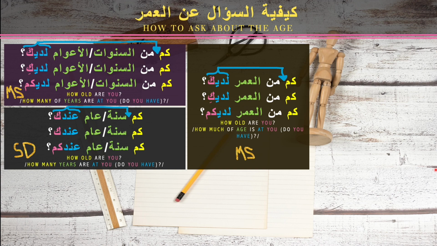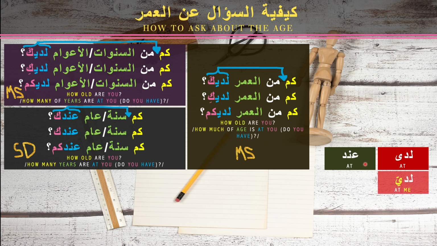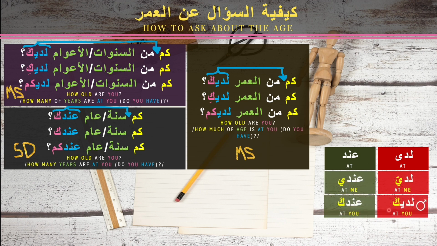We will cover these adverbs in further detail in a future lesson, so just take it as easy as possible to understand the concept of their conjugation here. So first, lada, which means at, or inda, which also means at. So when I'd like to say at me, لدي, عندي, at you, لديك, عندك, to masculine singular.